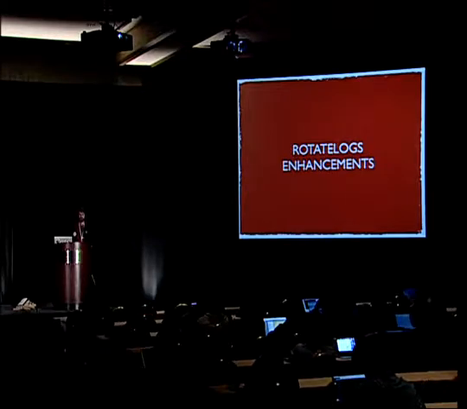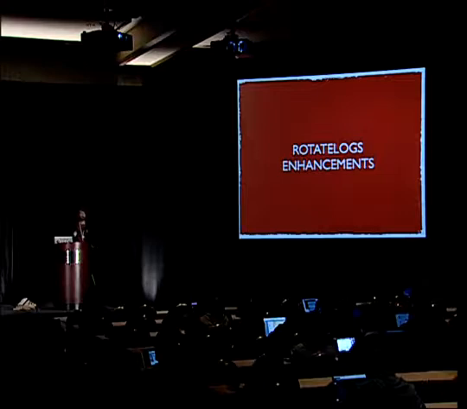The rotatelogs utility comes with the server in order to rotate your logs. So all of you have modern operating systems that rotate your logs as one of the system services. However, when you rotate your Apache server log files, you have to restart the httpd process to get it to start logging to the new log file.